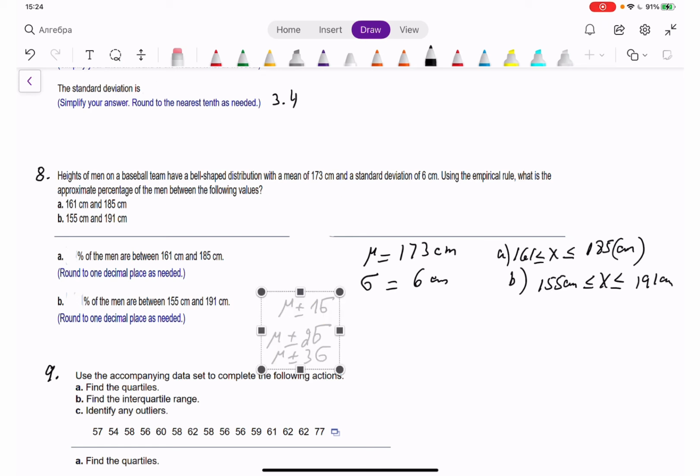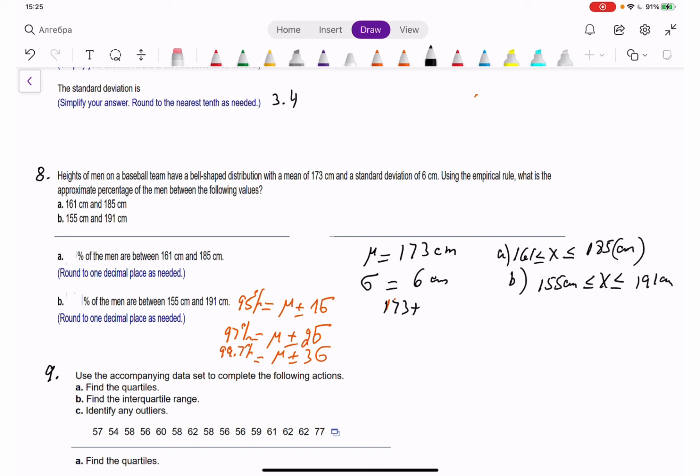Okay, let's start calculating, see which one it is. So mu is 173. This is our 95%, this is our 97%, and this is our 99.7%.